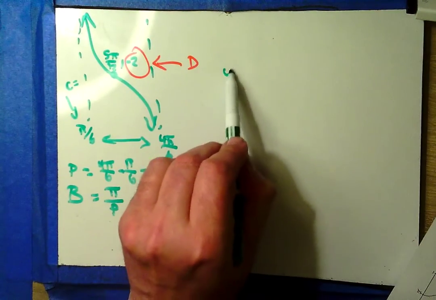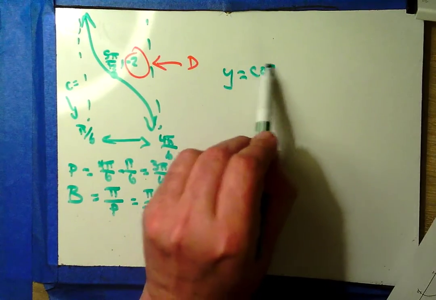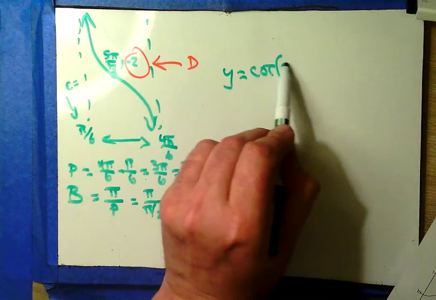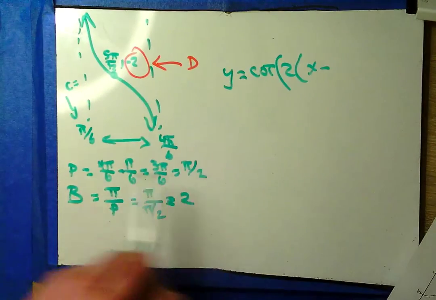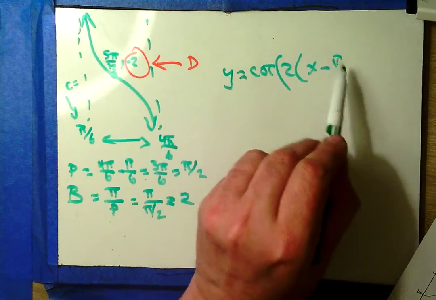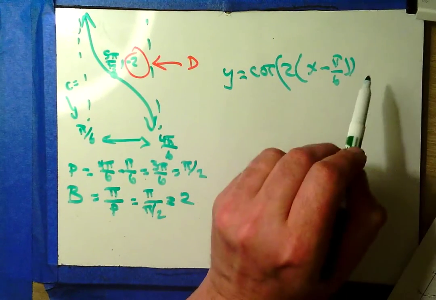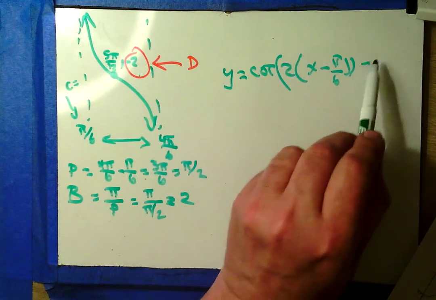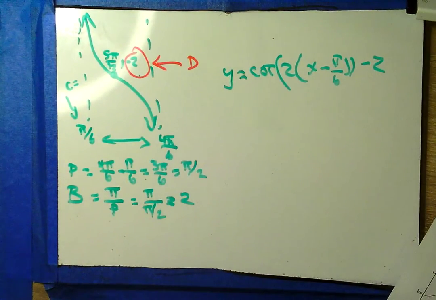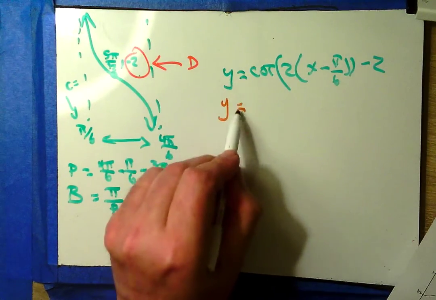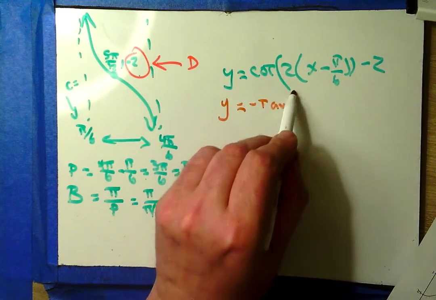So I would write y equals cotangent, b value 2, x minus c value pi over 6, and then our d value, minus 2.